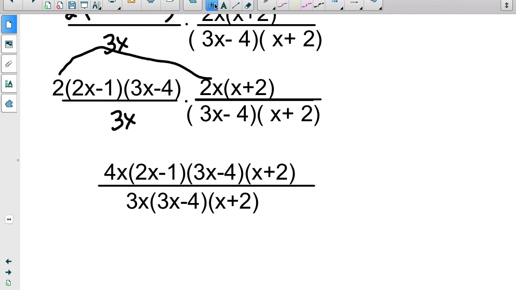Okay. Now we can simplify out what's in common on top and bottom. Well, the x and x will cancel. Our 3x minus 4 and 3x minus 4 will cancel.